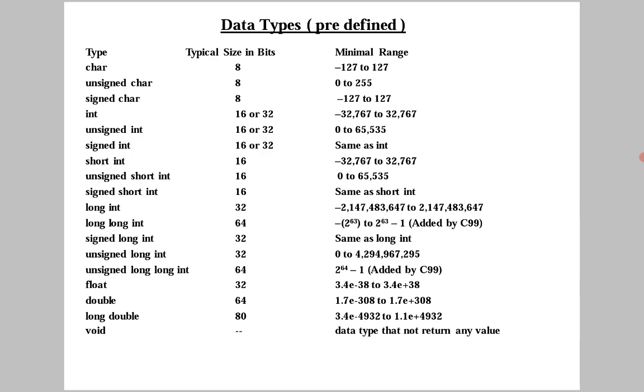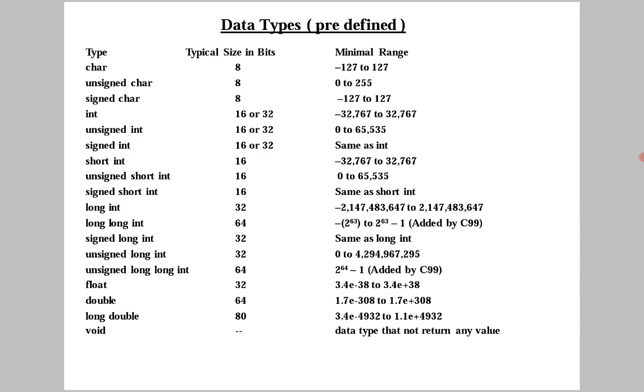They are also called real numbers, decimal numbers or floating point numbers. Generally they occupy 32 bits or 4 bytes of data. The range is 3.4 E minus 38 to 3.4 E plus 38.